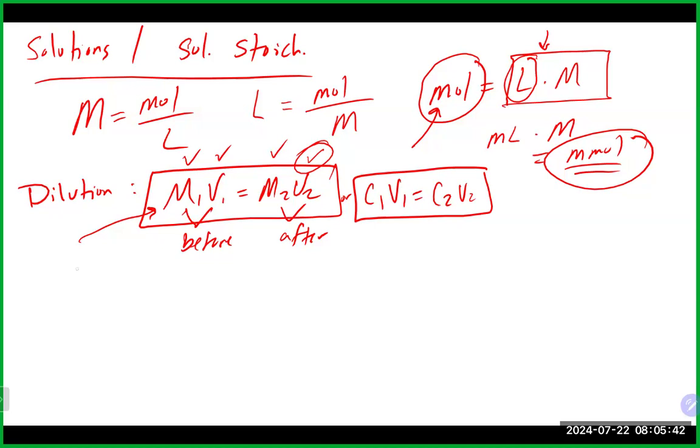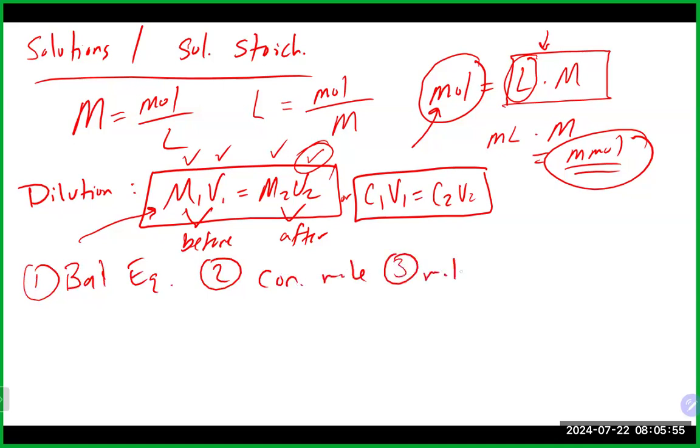We got into solution stoichiometry, which is really the same 4 steps that we've been doing for any type of stoichiometry problem: balance equations, convert to moles, do your mole to mole relationship, and then moles to some other unit.